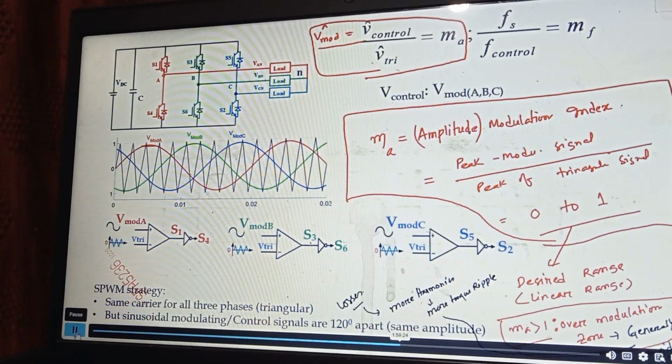So operating in the overmodulation zone is generally avoided because it introduces more torque ripple and more losses. We want to keep inside the linear modulation zone where the range of MA will be 0 to 1, like the duty ratio we studied in DC-DC converter.